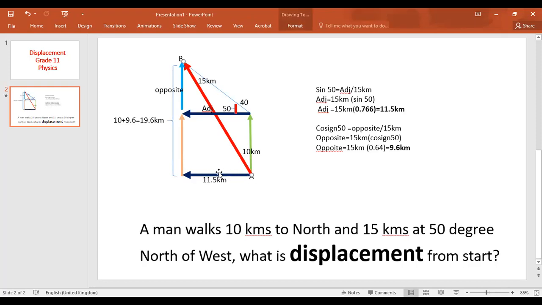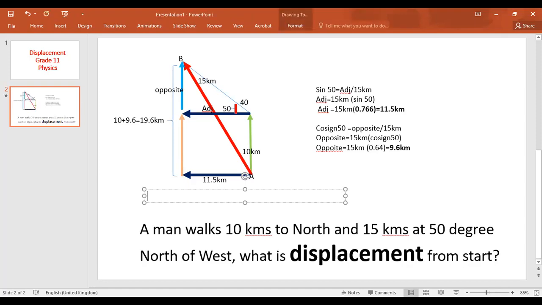So if this is A and this is B and this is C, the red line between point A and point B, the distance between A and B is the hypotenuse, or C. So A square plus B square is equal to C square. So what do we do? Again, we come here and calculate. What is A?